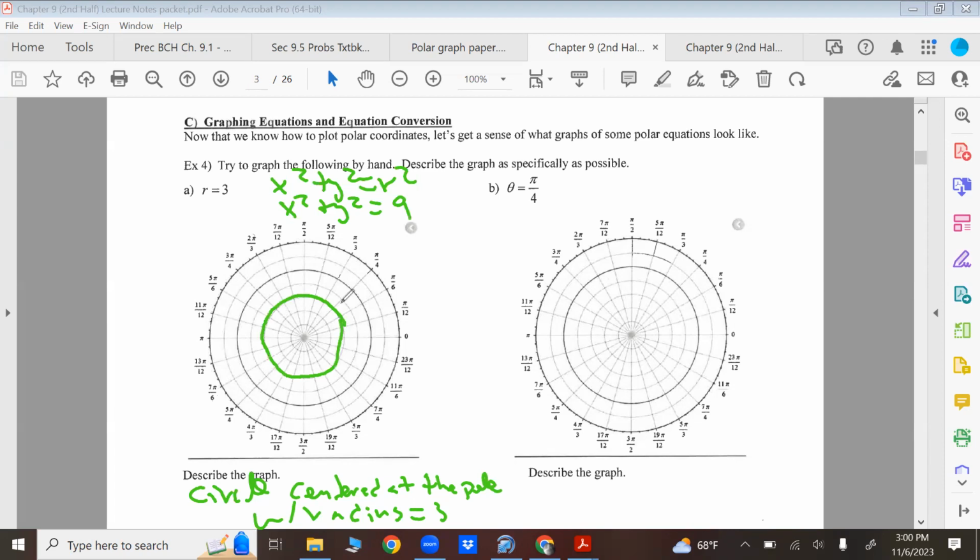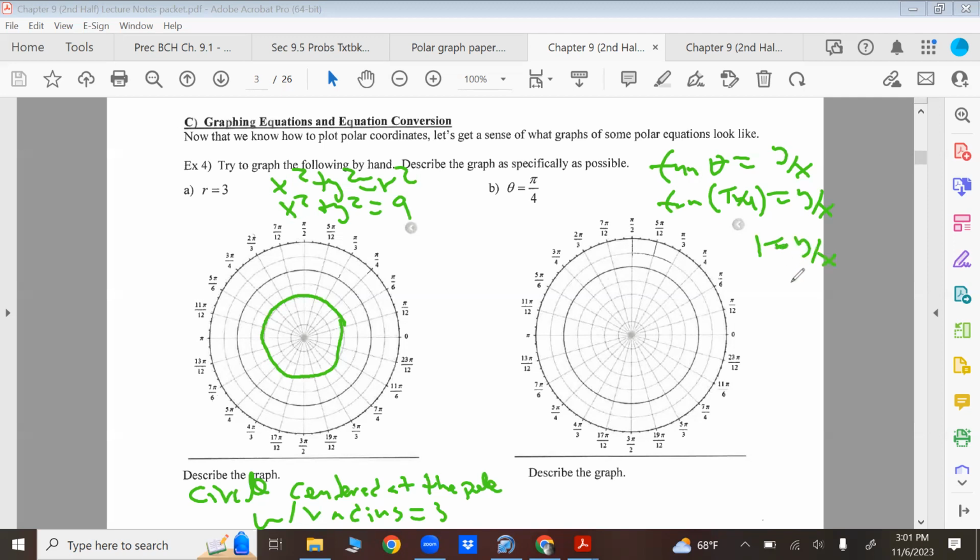We're going to do some really crazy graphs over the next couple of weeks, but we'll keep it simple today. In general, what is the graph of r equals k? I'll get to that in a sec. The next one, theta equals pi over 4. In this case, you know tan theta equals y over x. So what's tan of pi over 4? 1.